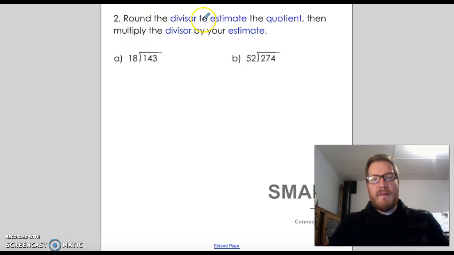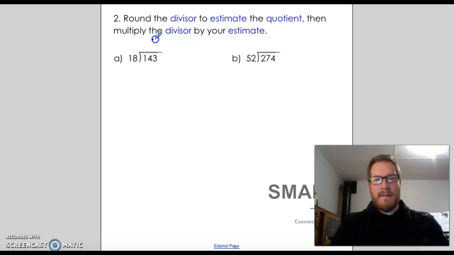So this one says to round the divisor to estimate the quotient, then multiply the divisor by your estimate. So if I see 18 into 143, I know that that's going to be like 20 into 143 if I round it to the nearest 10. And so using my previous step, 2 fits into 14 7 times.